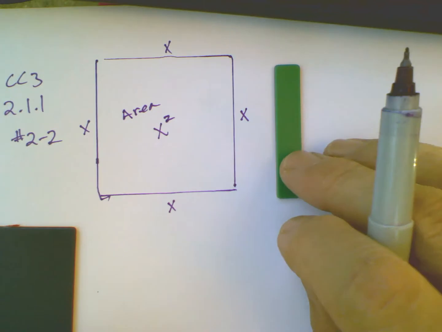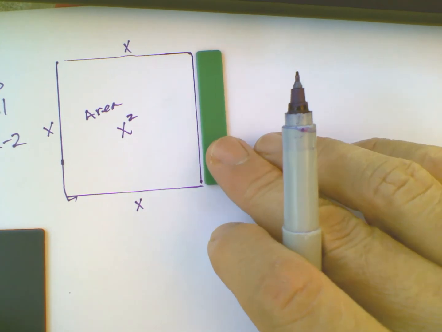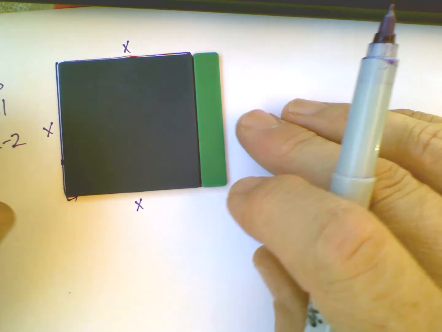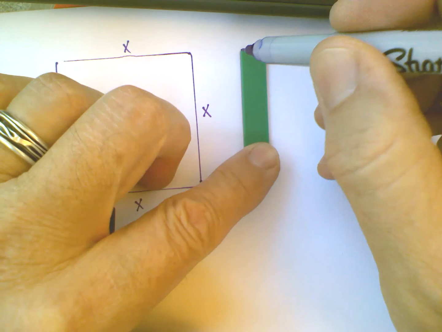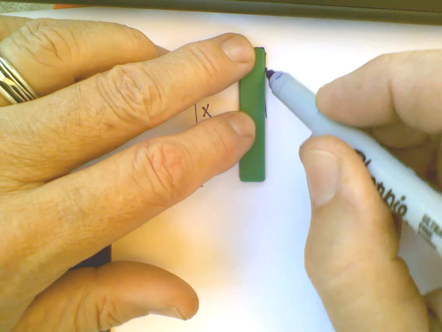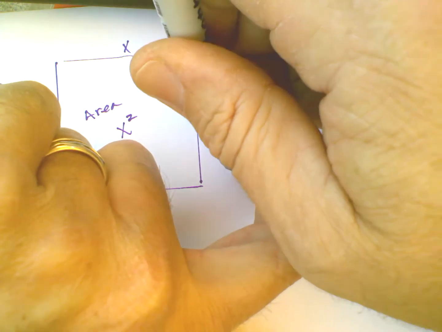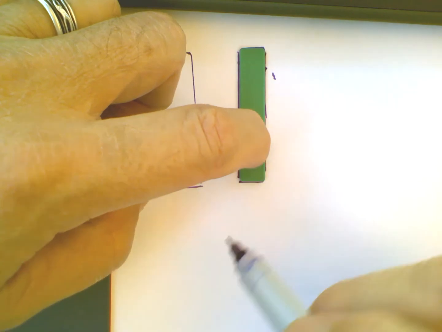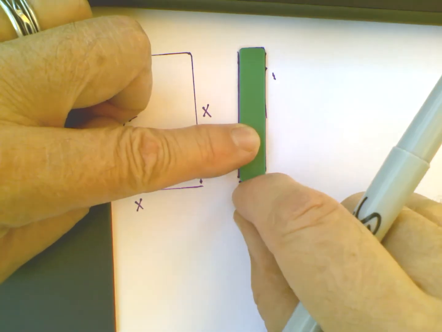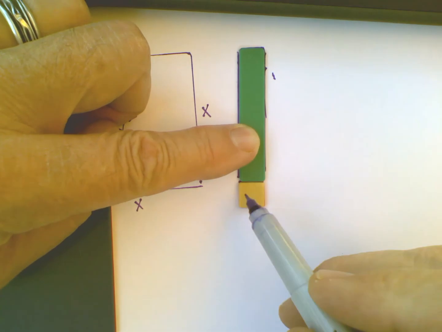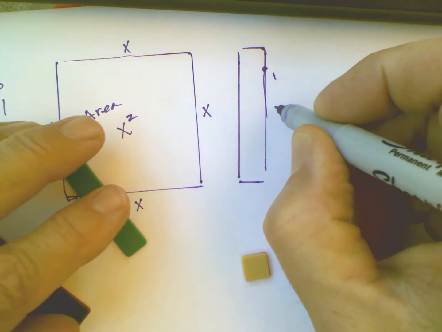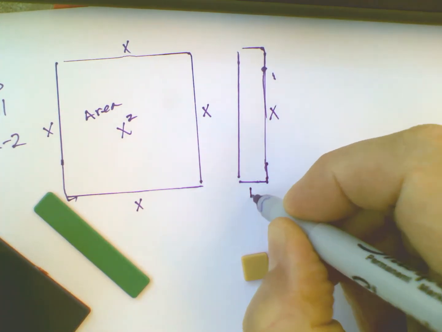Then you have this little tile here, the rectangle. The rectangle has the same length as the x squared tile, so this is the x tile, because it has a length of x and a width of 1.